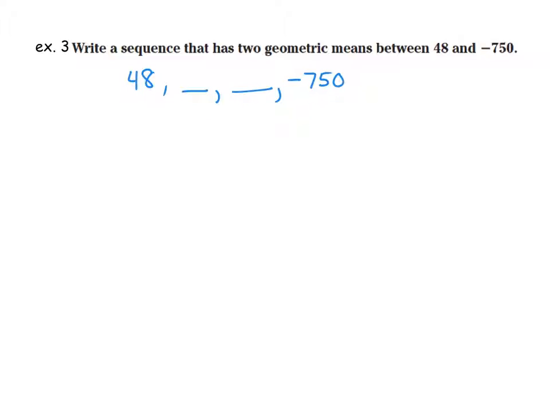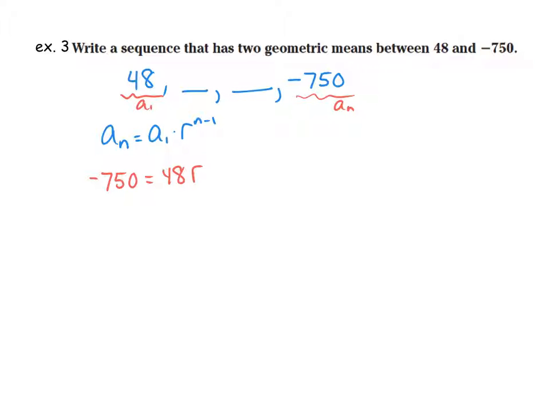All right, so we have our equation, a1 times r to the n minus 1. We have our last term, which we can represent as a sub n, and this 48, which we can represent as our first term, right? So if I do that, I have negative 750 is equal to 48 r to the n minus 1.